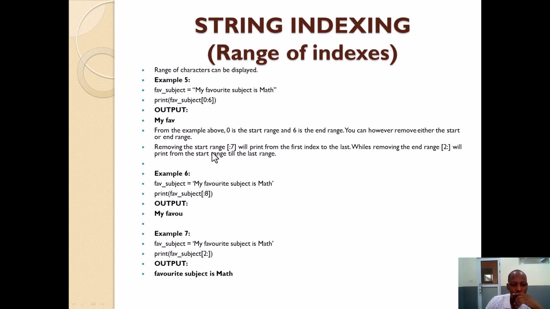Now removing the start range, and you have something like this, it will print from the first index to the last, which is to 7. So this, without the 0, shows that it should just start from that first character. Whilst removing the end range, it will start from 2 and go to the last character. Okay, so let's take a look at that one too.